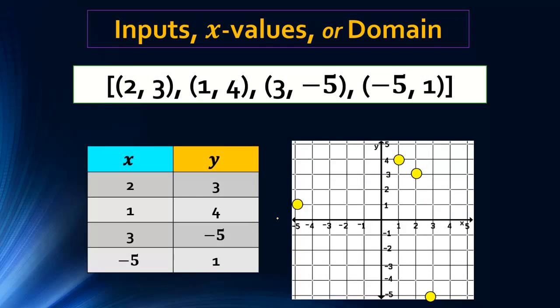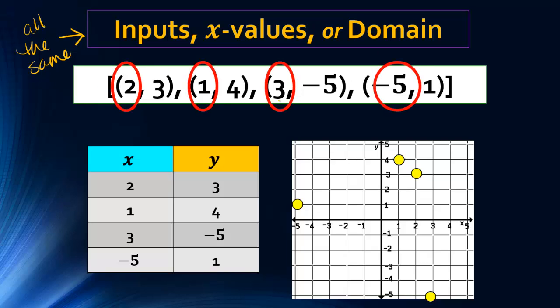So just a refresher: inputs, x values, or domain. Remember, these are all the same. You need to remember that. If you didn't get it last unit, remember that these are all the same. So if you're presented with points, these are your x values. If you're presented with a table, these are your x values.